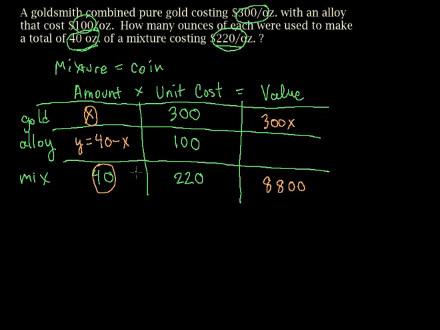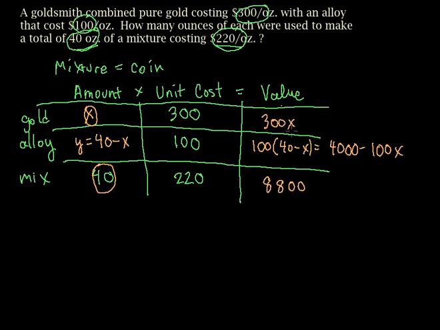So remember, this is a lesson probably right in the beginning of the chapter, that if you have two things that add up to a total, one of them's x, the other one is that total minus x. Having done that, now we can multiply the 40 minus x times 100, and that's 4,000 minus 100x.